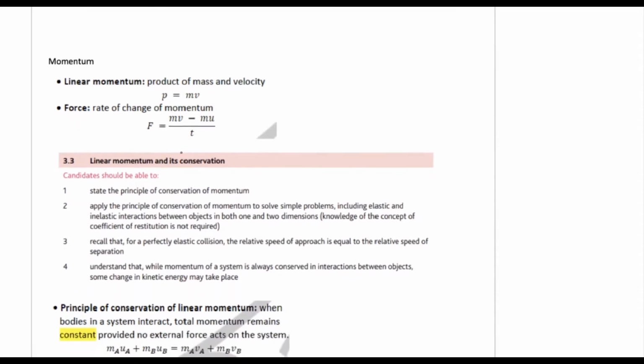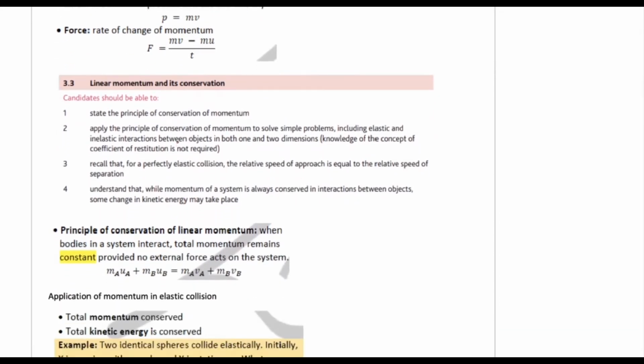Now we look at the next subtopic. After 3.1 it is supposed to be 3.2, but I do 3.3 first because it just continues from 3.1. In 3.3 we focus on the principle of conservation of momentum and the formula.